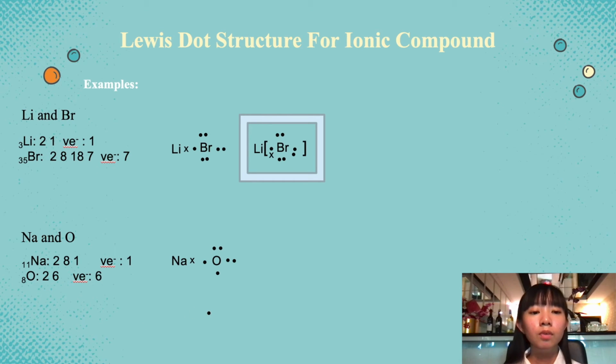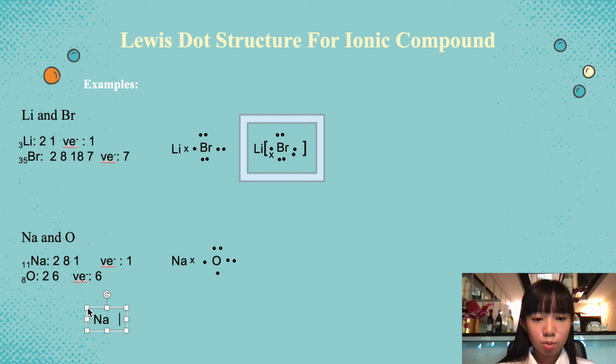Now, sodium needs to give out 1 in order to become stable, while oxygen needs 2 more electrons in order to become stable. But in this condition, there is only 1 sodium. So now we will do a crisscross.